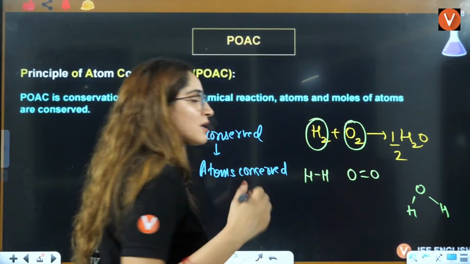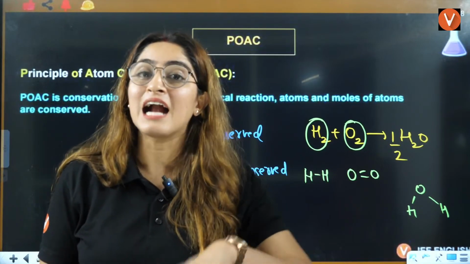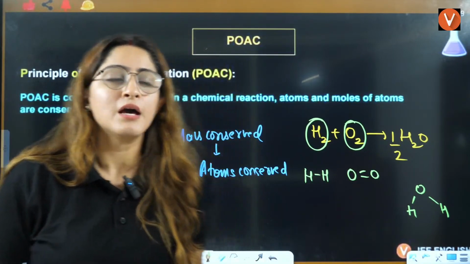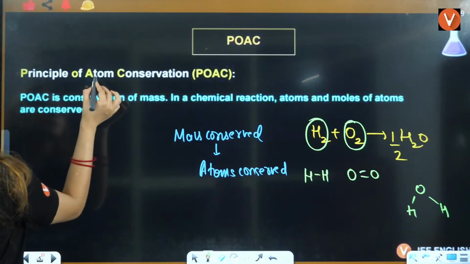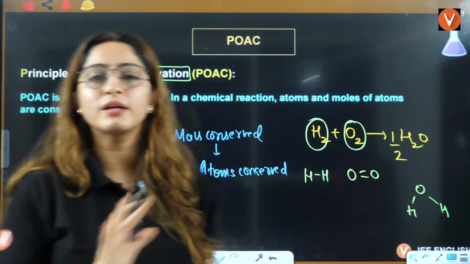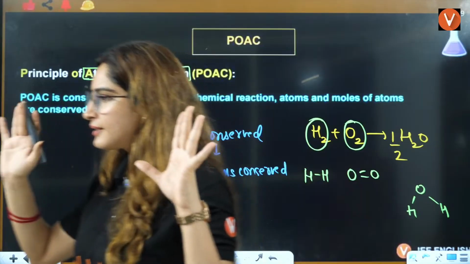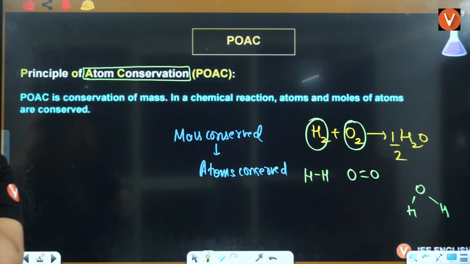That means this is nothing but a rearrangement of the atoms. Atoms are being conserved here. So that's why it is based on the principle of atom conservation. So now you are clear that atoms are conserved.